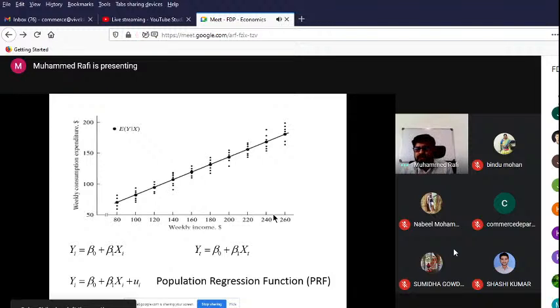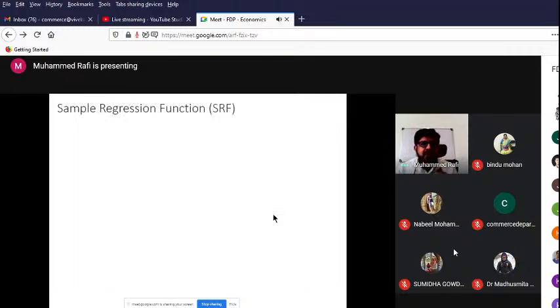What we do usually is pick up a sample, go for a random sample, and apply the regression model. What we would like to know about is the population relationship, the population regression function, whereas we are actually going for a sample regression function.